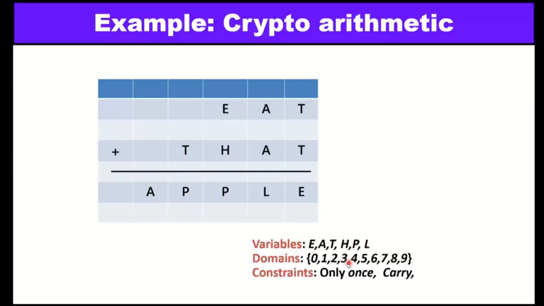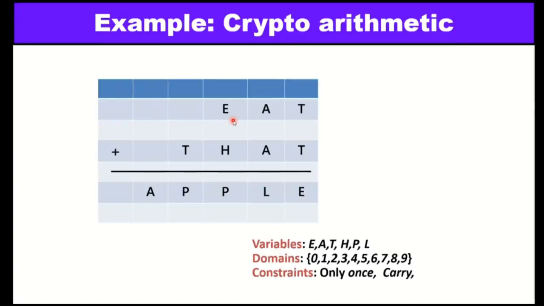We have to assign values 0 to 9. Each value will be assigned only once and carry must be satisfied. In simple terms, this is like the puzzle problems from our school days. We have to assign numbers to these letters. So each letter will get one number.